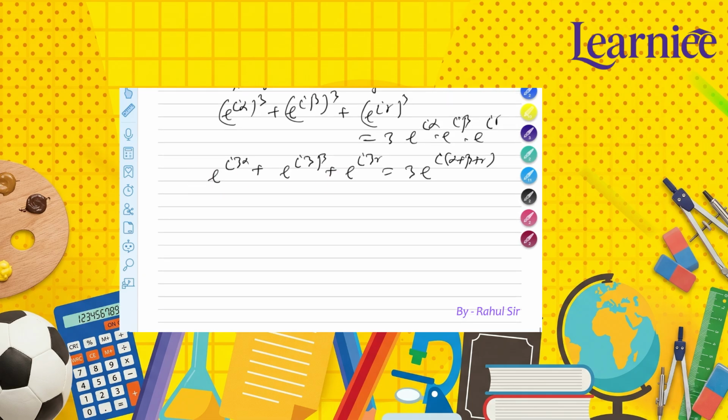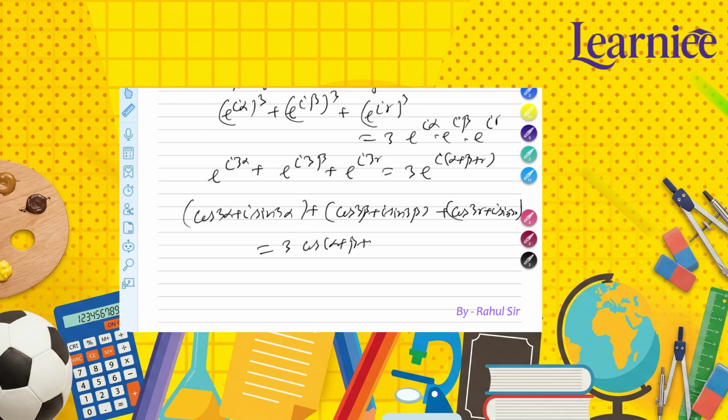Now writing in the trigonometric form, we get cos of 3 alpha plus i sine of 3 alpha, plus cos of 3 beta plus i sine of 3 beta, plus cos of 3 gamma plus i sine of 3 gamma. This is equal to 3 times cos of alpha plus beta plus gamma plus i sine of alpha plus beta plus gamma.